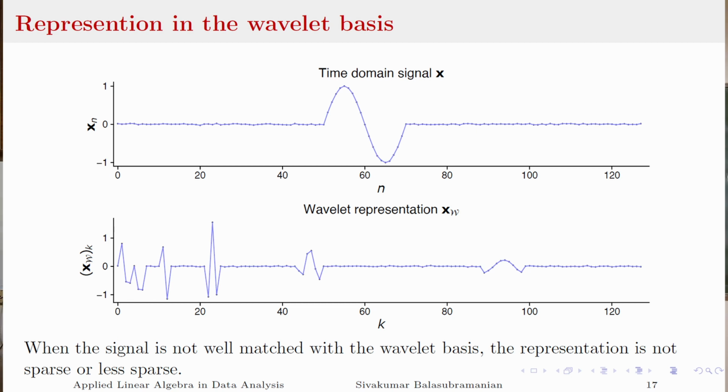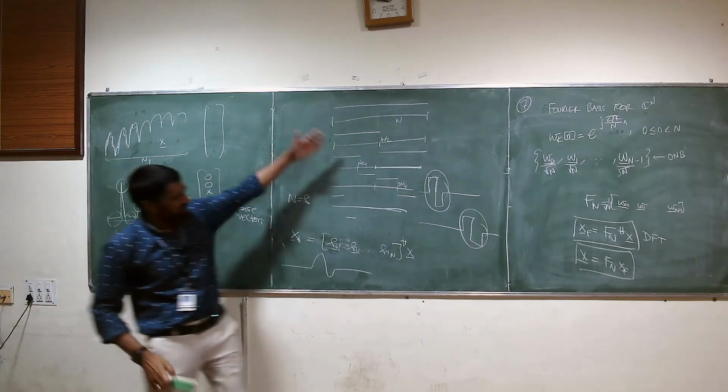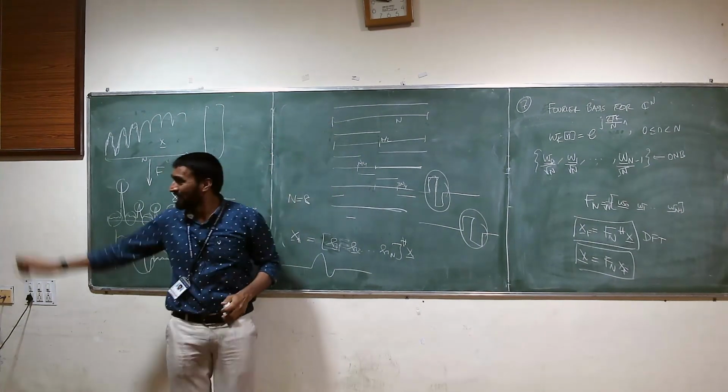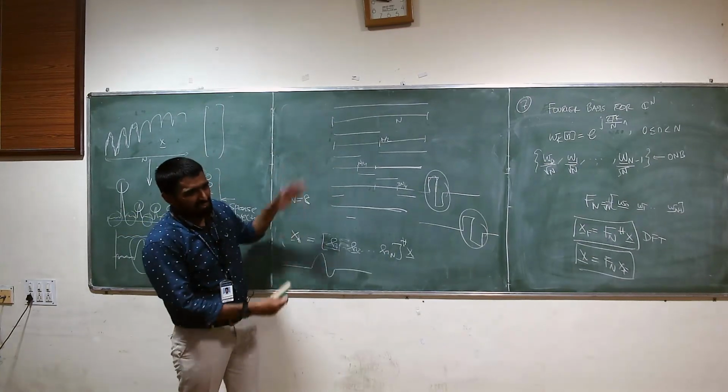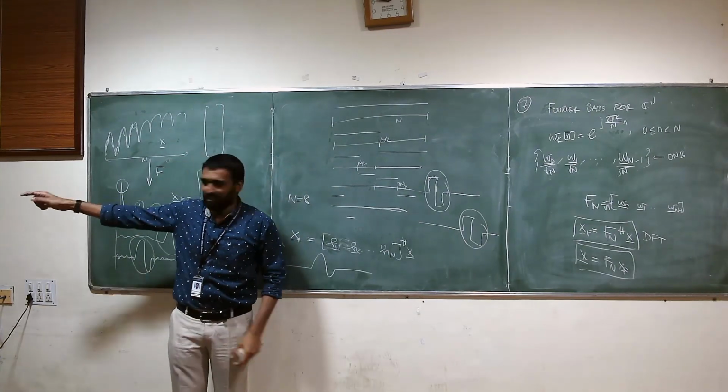Well, it is still fairly sparse because most of these are 0, except now it's got a lot of Haar coefficients which are not 0. Which essentially means that you need all of these Haar wavelet basis functions to reconstruct this original signal. And because that sinusoid does not really match any of your basis functions, you need several of these to get that sinusoidal shape.